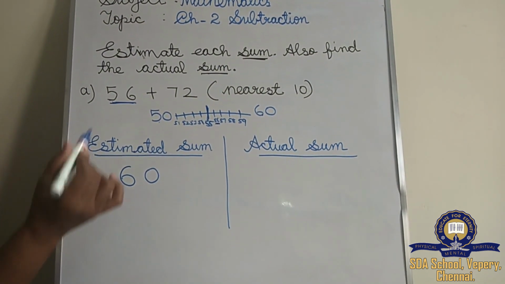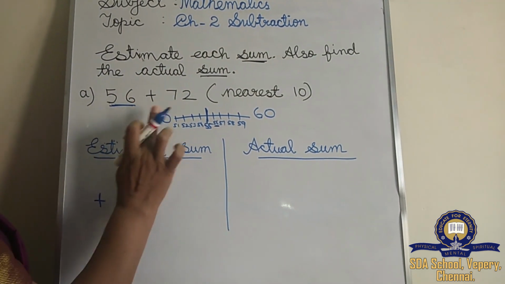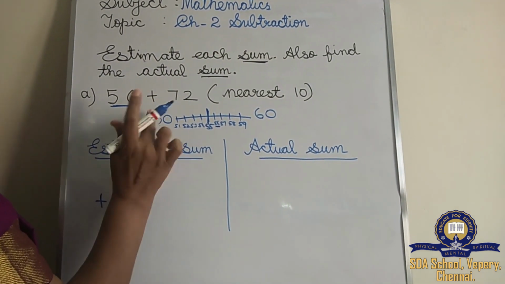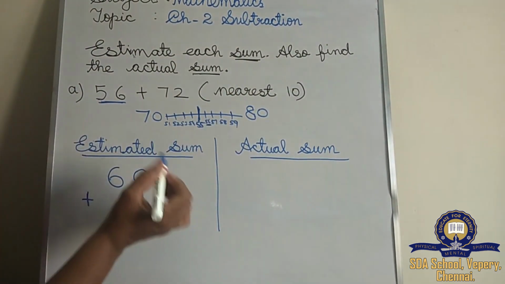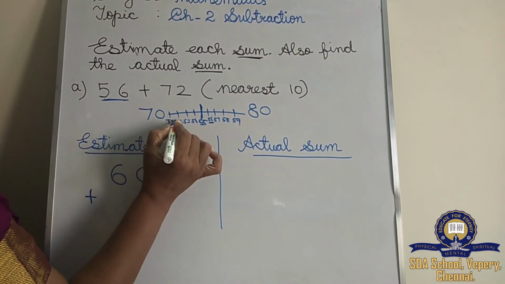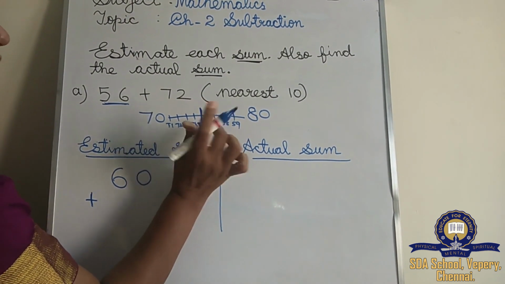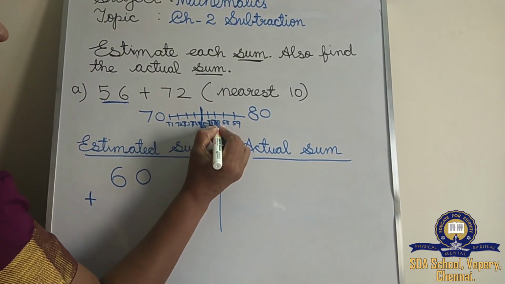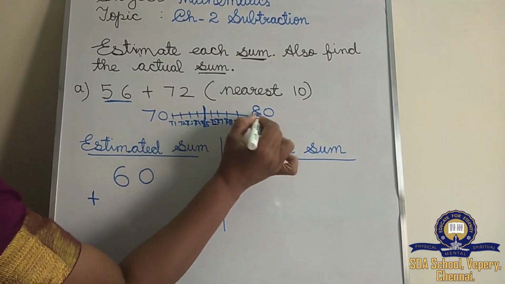Plus, 72 is given here. For 72 what do you have to write? Above 70, 70 to 80 you have to write. After 70: 71, 72, 73, 74, 75, and here what will come? 76, 77, 78, 79 and 80.